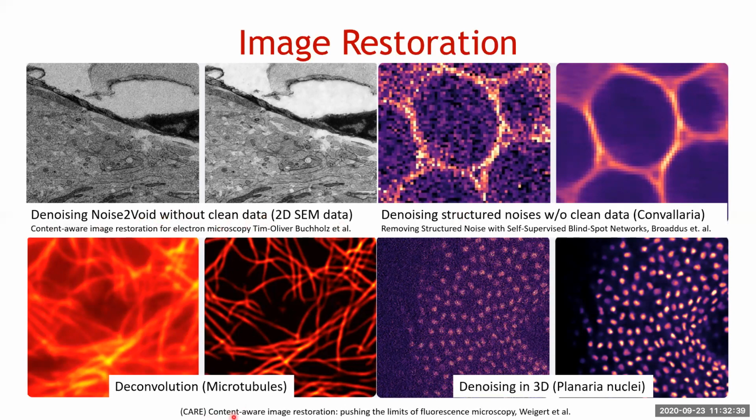Then you have CARE, which is content-aware image restoration, that does a great job in pulling out details and features like this. So it's not just about making bad images better. You have to think about it in a way that it really affects your imaging experiment as well.